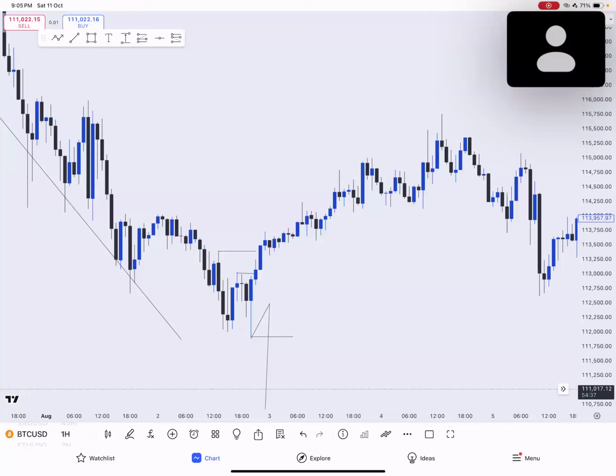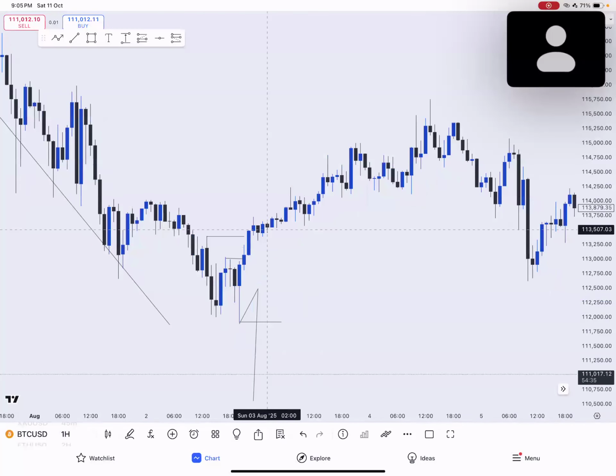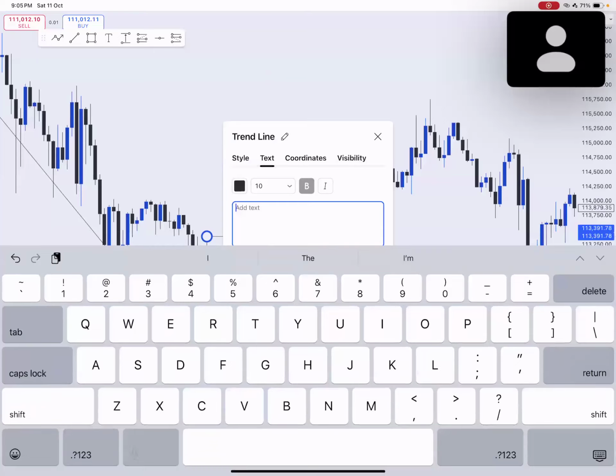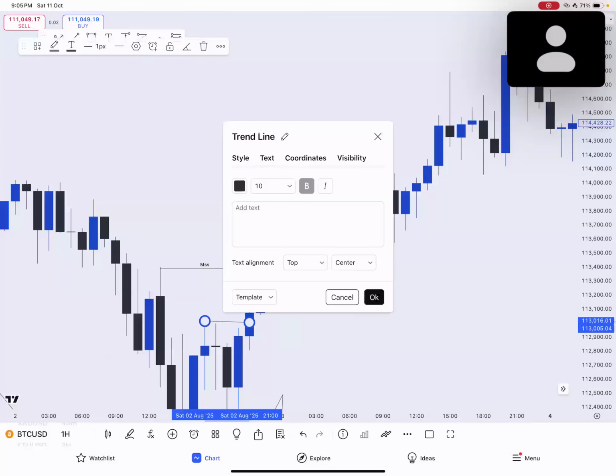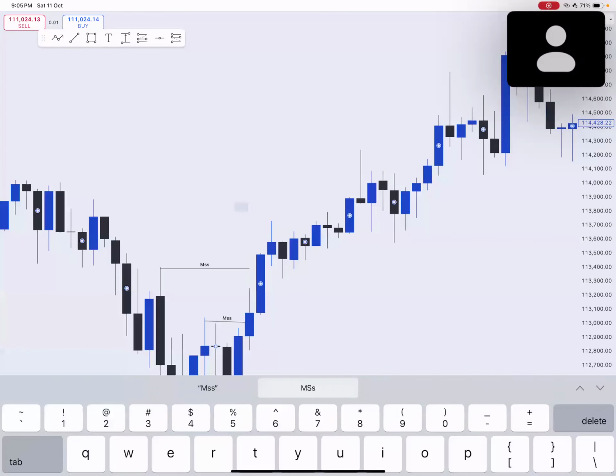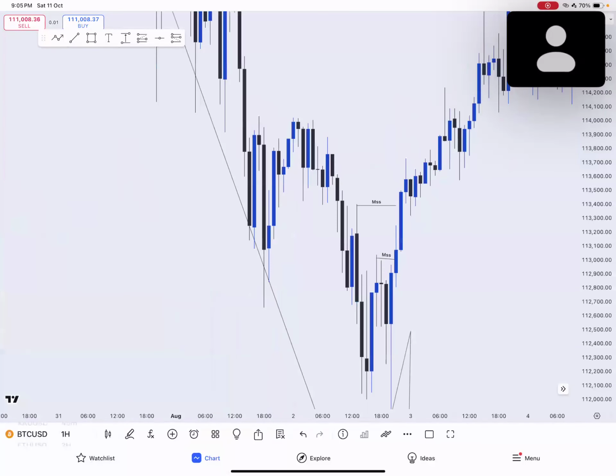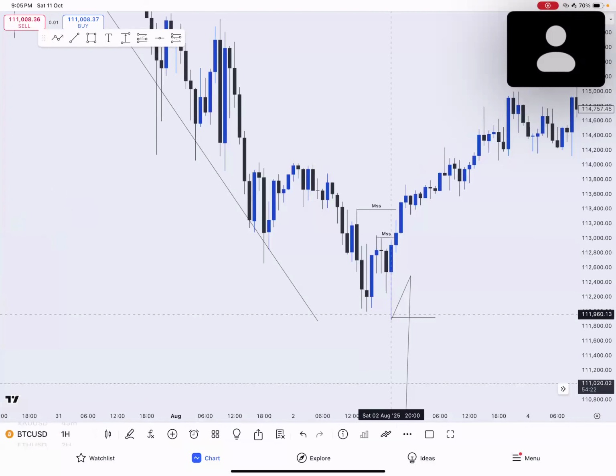When price took out the high and closed above it with a body candle, that is what a market structure shift is. It's clearer here because this was the last high before the market made this low. So Eddie, if you pick this up, it's still a structure shift.